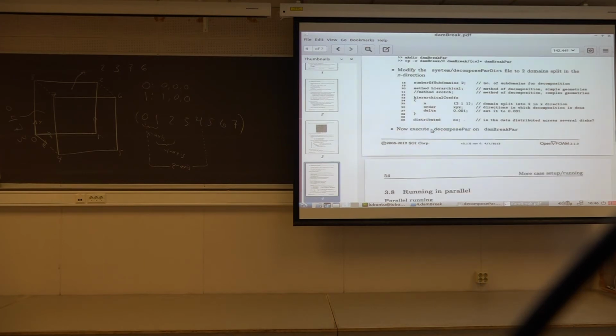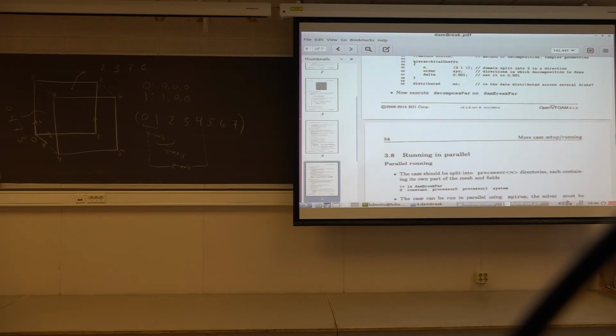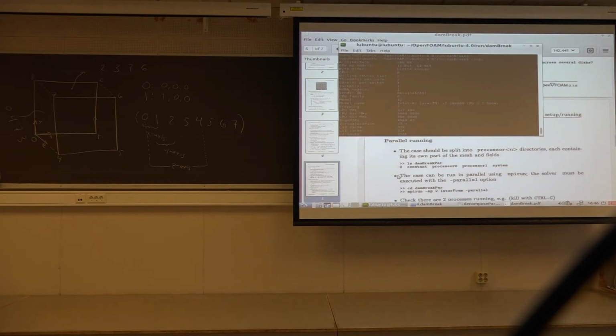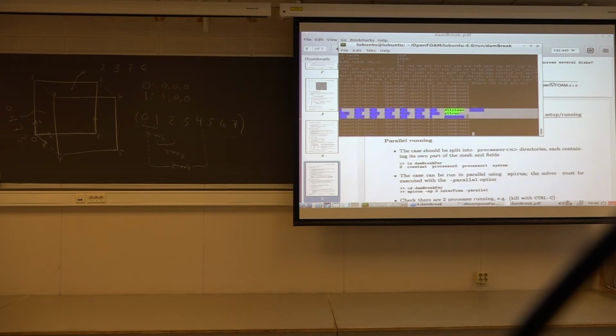Then we can execute decomposePar. So we try that, decomposePar. Let's see. Now I am inside the dam break folder. I want to destroy all these result files except 0. I want to destroy all the files as if I haven't run. So how do I do that? rm -r, and then I remove all files starting with 0.*.